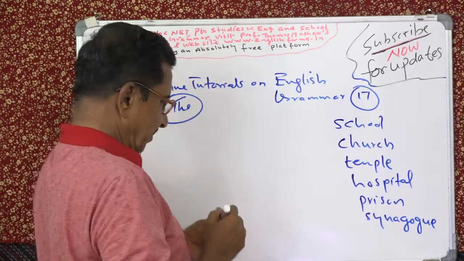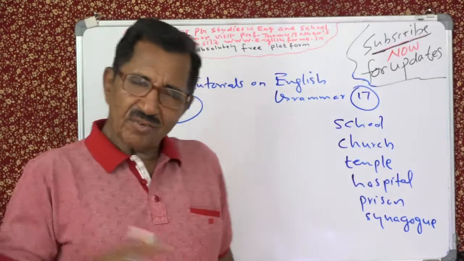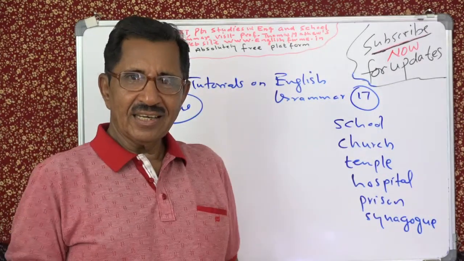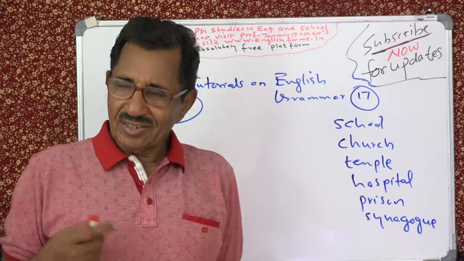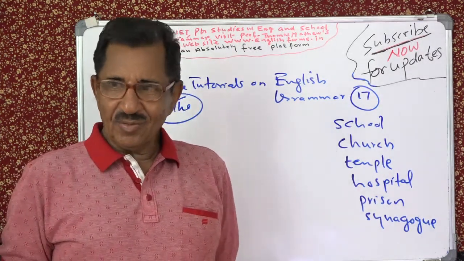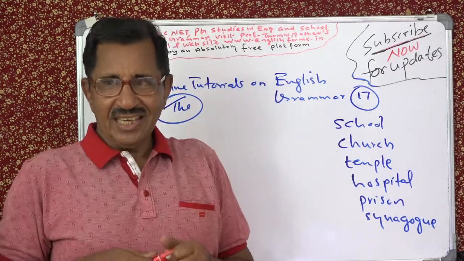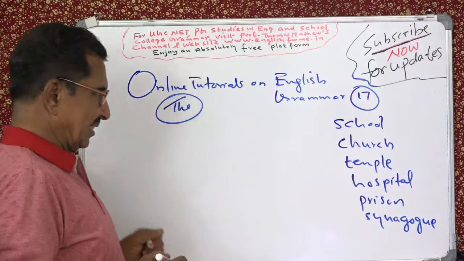Now the very interesting thing about this is these nouns you can use without the. Don't use the, provided it tells you about the purpose for which the building exists.